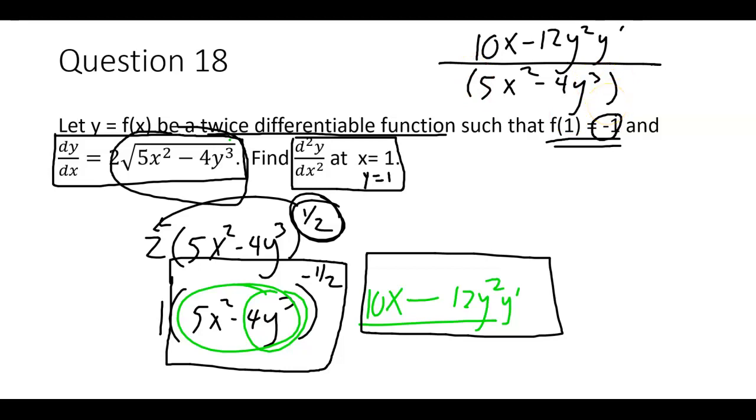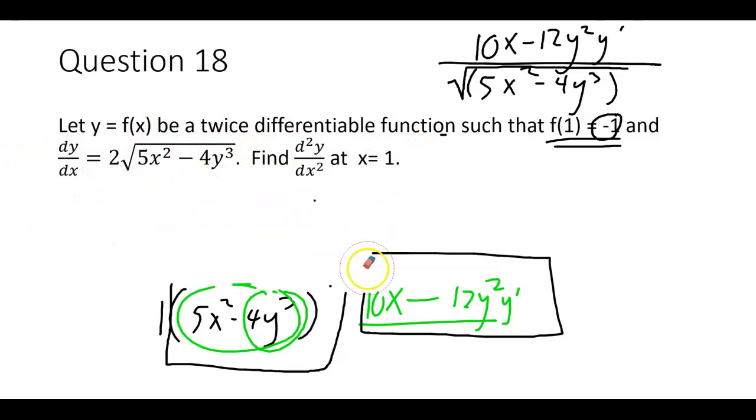Now, I can write this as a half power, but it's positive now because I moved it to the denominator. But when you have a half power, that just means square root. So I'm just going to save myself some trouble and make that a square root now. Okay? All right. So there's our second derivative.